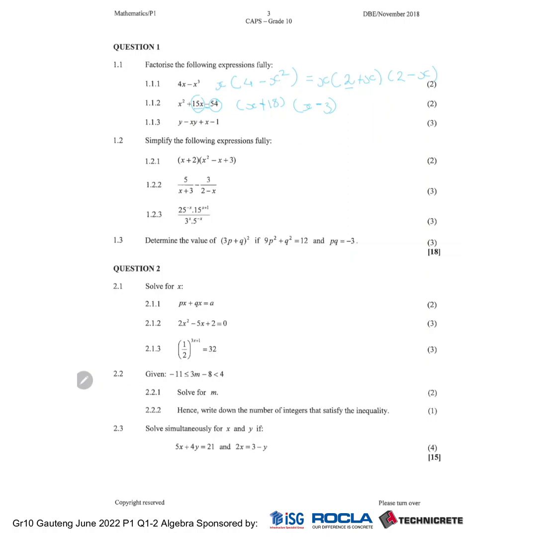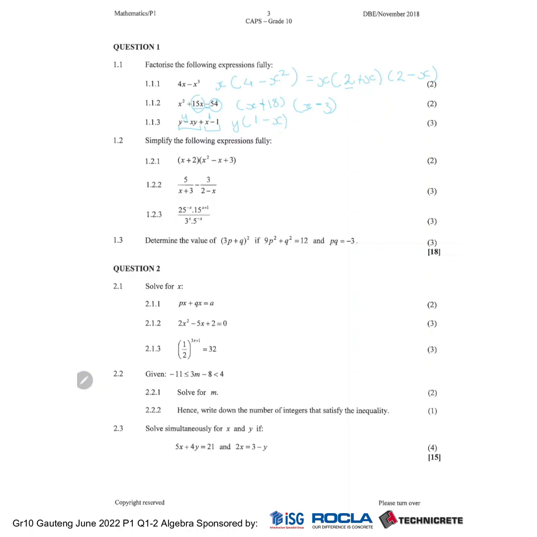The next one is y minus xy plus x minus 1. How I would approach this is to take this as one part and this as a second part. Here we can see there's a common factor of y, and the only common factor I can possibly see in the second part is 1. So let's take out those common factors: y, open bracket 1 minus x.